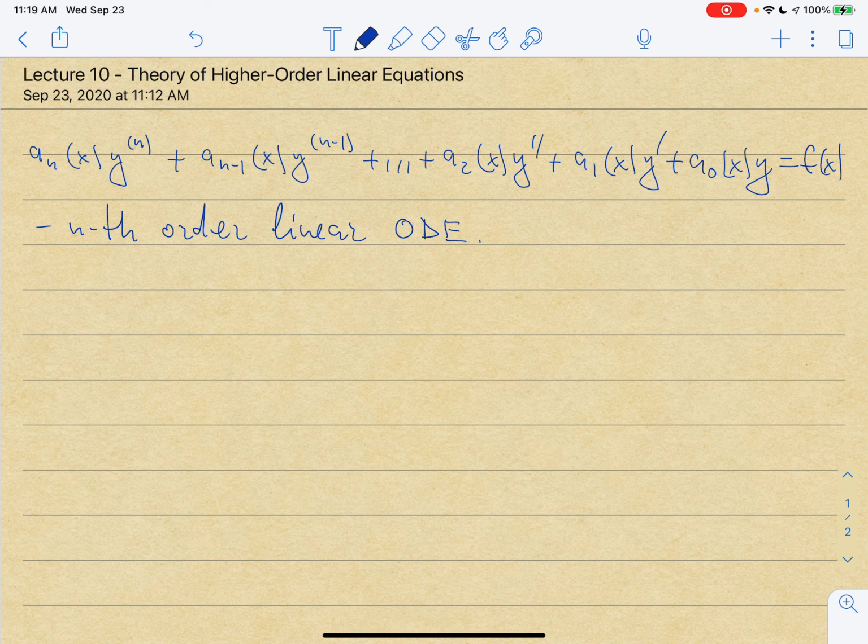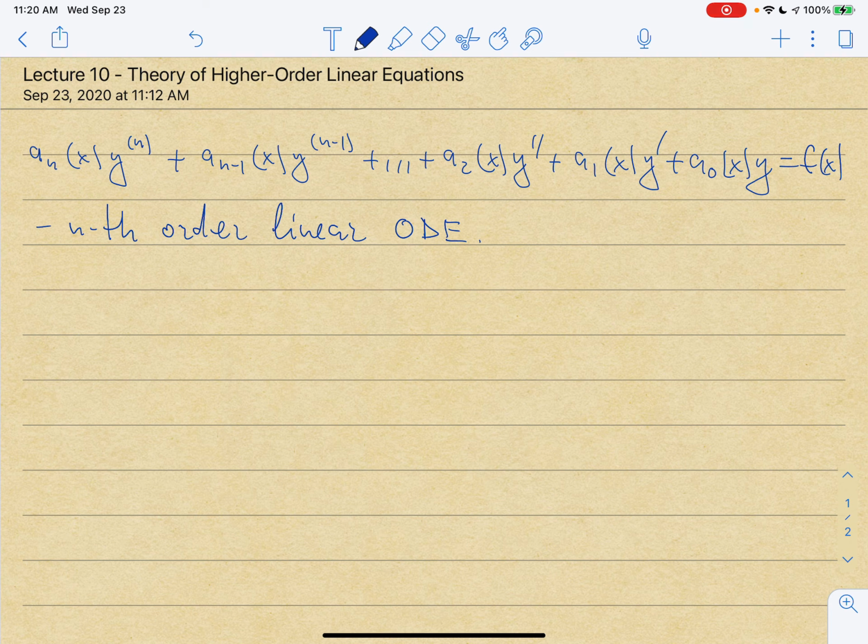All right, so if I can find the general solution of this linear equation, then I would expect something that contains n unknown constants. And then in order to determine these constants, we will have to prescribe, for example, initial conditions.